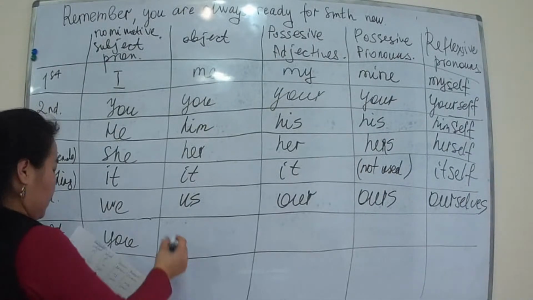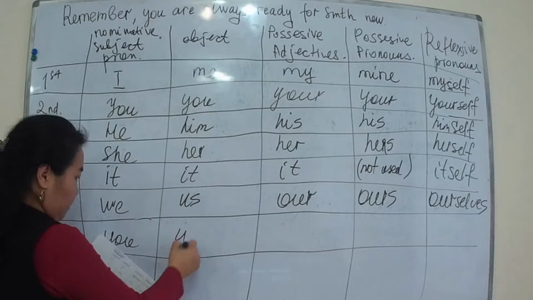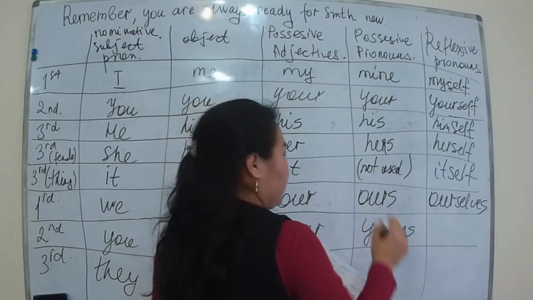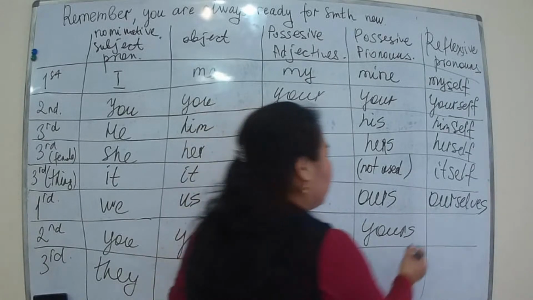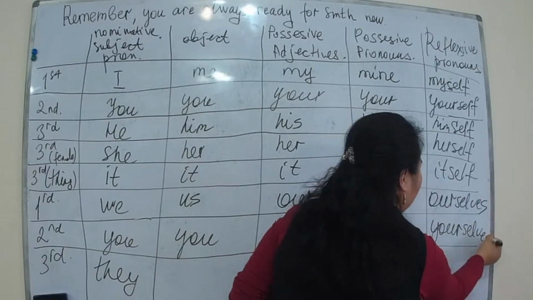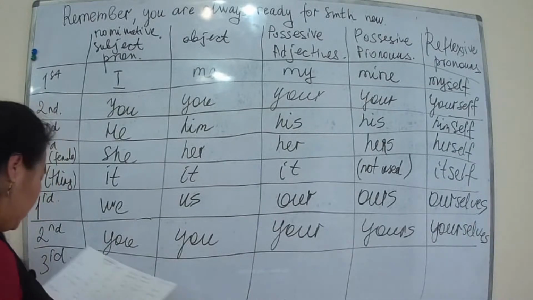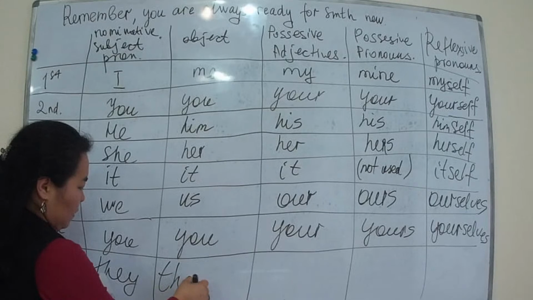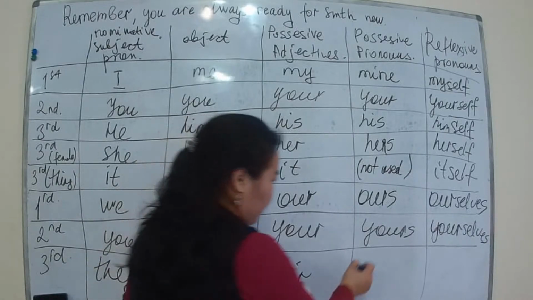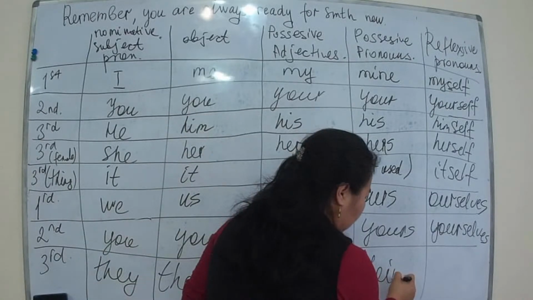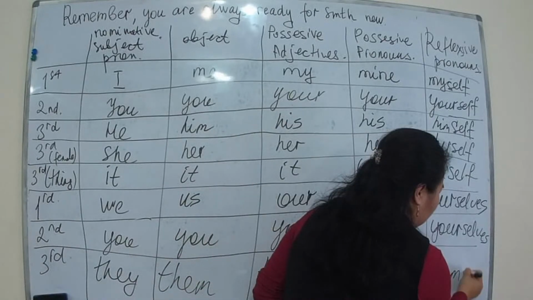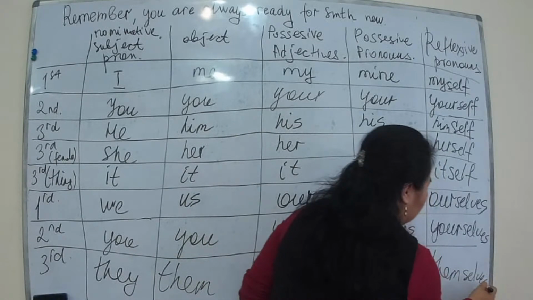The next, second, you, your, it is a plural form, and yourselves. The next, they, them, their, theirs, and themselves.